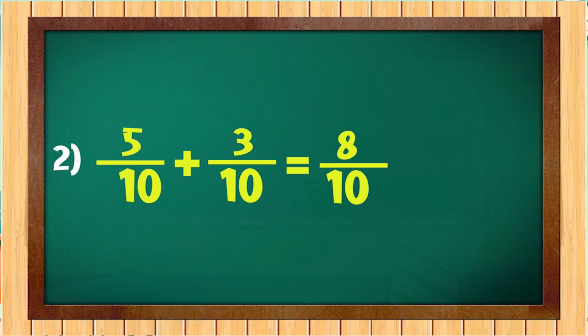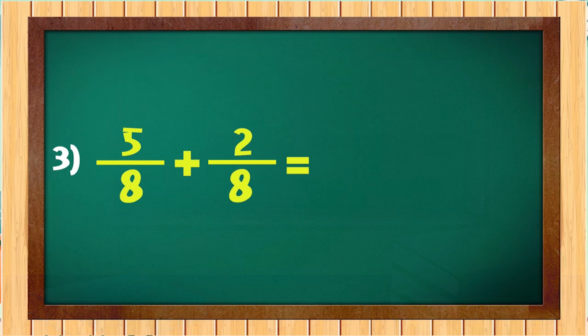Did you say 2? Well, that's correct. 2 into 8, 4. 2 into 10, 5. Now we can write our answer on the answer line. So 5 tenths plus 3 tenths equals 4 fifths.